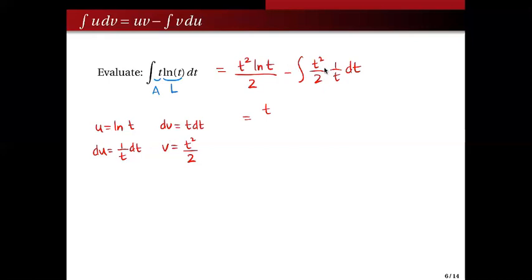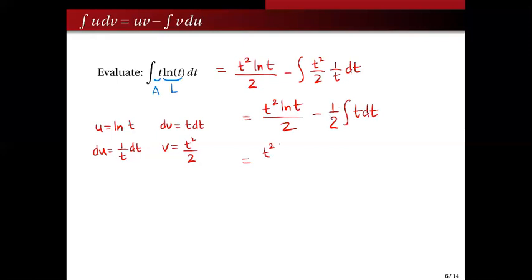We rewrite t squared ln of t over 2, then minus, let's bring out the 1/2 here, the integral of t dt. And we now integrate this.